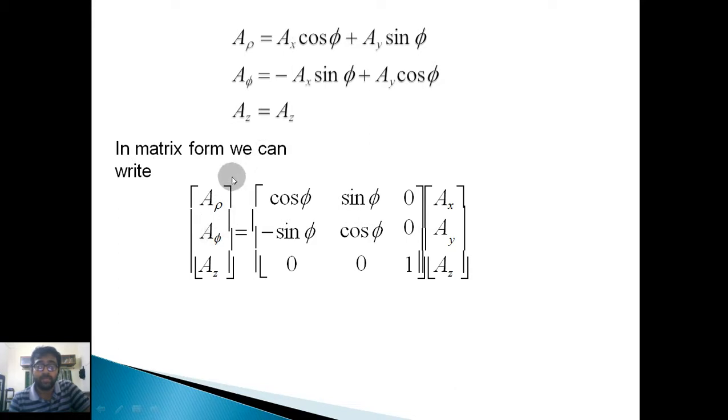A suffix rho, a suffix phi, a suffix z is equal to the matrix cos phi, sin phi, 0; minus sin phi, cos phi, 0; 0, 0, 1; multiplied by a suffix x, a suffix y, and a suffix z. This is the matrix form, and using it we can easily deduce these equations. All these equations can be deduced using this matrix format. So let's go to the next slide.